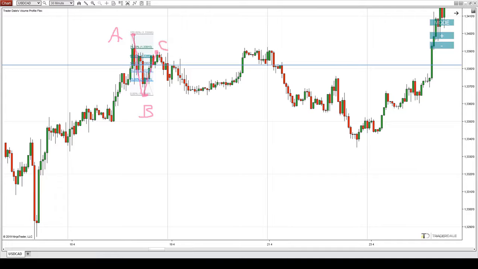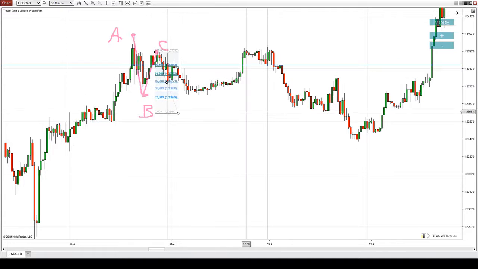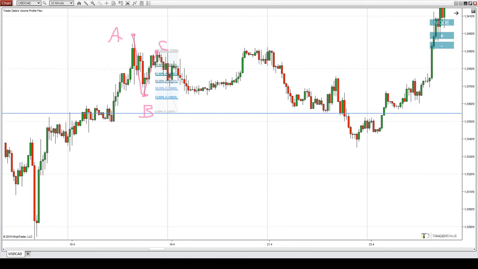This is the C. And now you move the profile so it begins at C. And this will be the zone to go long from, this zone right here.